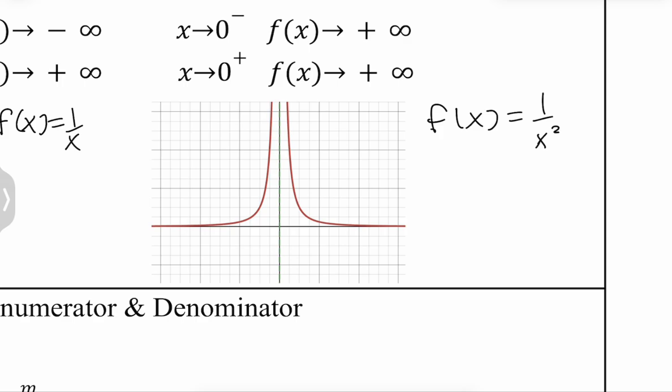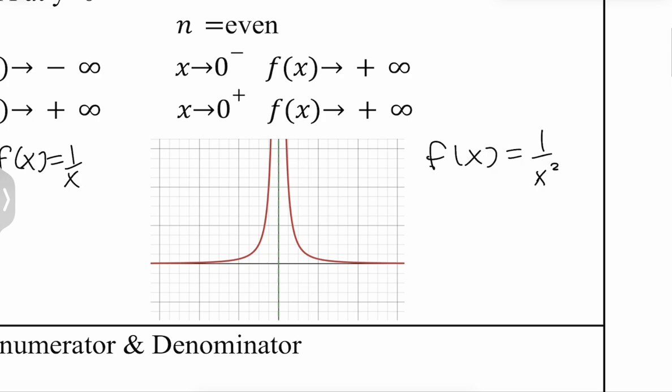In that case, if our power is even, as we approach 0 from either the left side or the right side, we are always going to go in the same direction. Because think about if you square a negative, what happens to it? It goes positive. If you square a positive, what happens to it? It's positive. So that's why that happens with an even power versus an odd power.